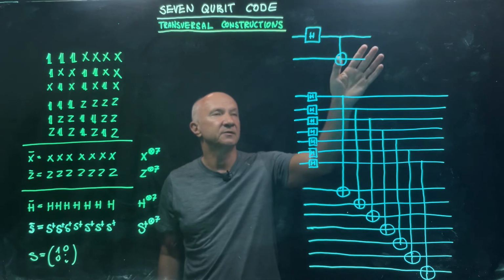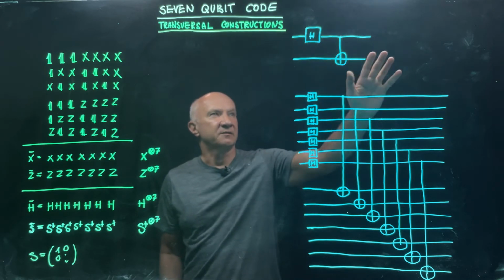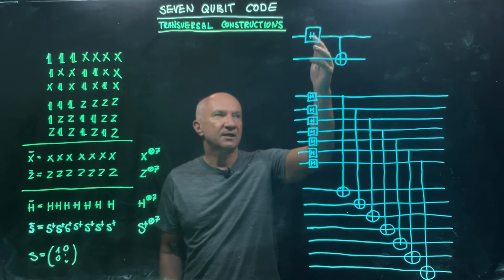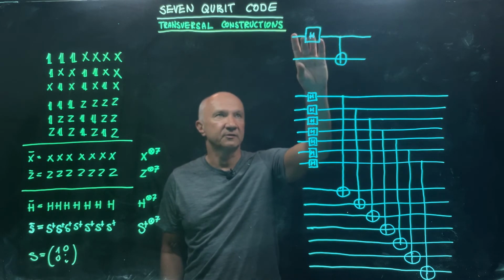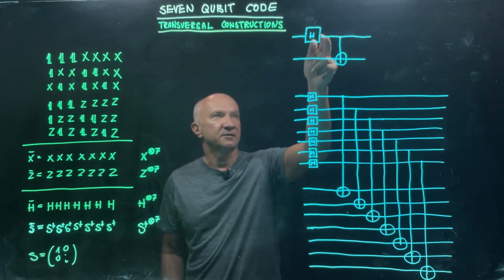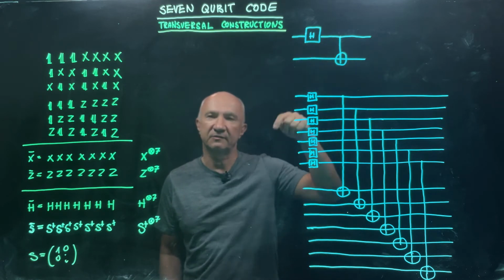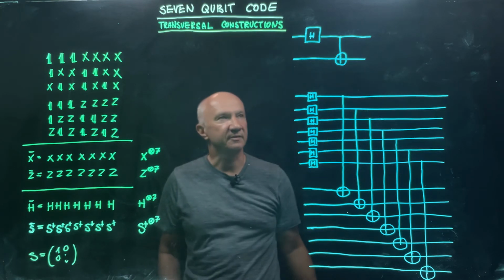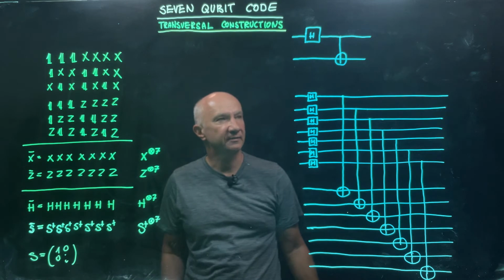So for example, if you have a circuit like this, which is a simple Hadamard followed by a controlled-NOT. So you have 2 qubits here. The first one undergoes the Hadamard and then serves as the control for the controlled-NOT gate, and the second qubit just serves as a target for the controlled-NOT gate.